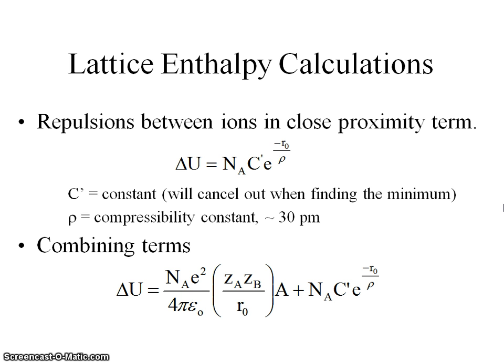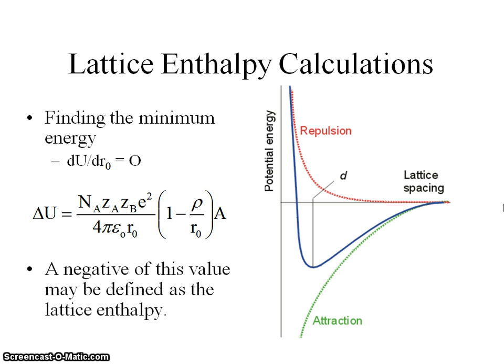Combining the terms, ΔU is equal to N_A e² divided by 4πε0, times ZA ZB over R0, times A, plus N_A C′ exp(−R0/ρ). Finding the minimum energy, −dU/dR0 equals 0, gives ΔU equal to N_A ZA ZB e² divided by 4πε0 R0, times (1 − ρ/R0), times A.